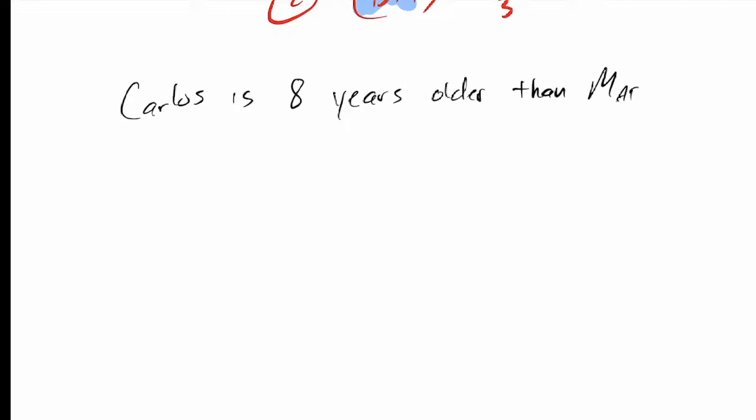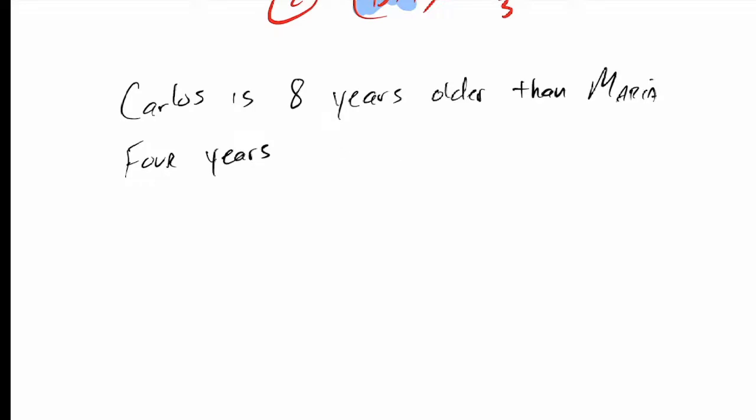So it's got Carlos is 8 years older than Maria. And then it says 4 years from now, Bob. 4 years from now, not Bob. Sorry, that's the wrong question. Carlos is 8 years older than Maria. 4 years.